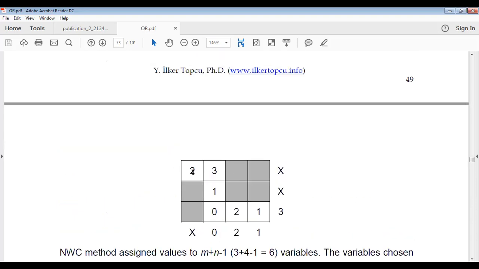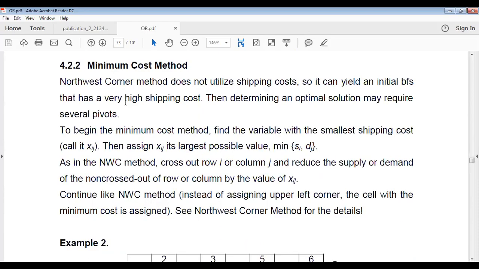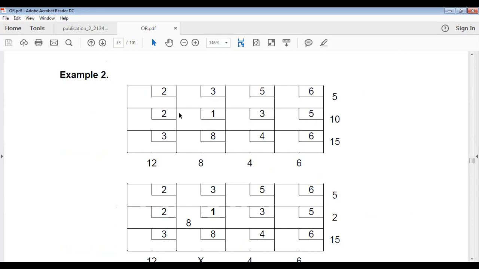These are the allocations; multiply by the cost and the cost is calculated. Minimum cost method: the northwest corner method does not utilize shipping cost, so it can yield initial solutions that have a very high shipping cost. You need not bother.